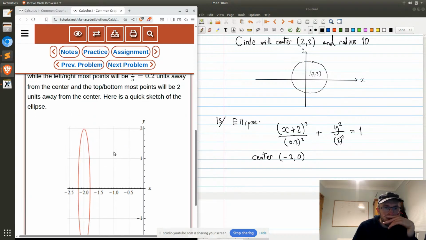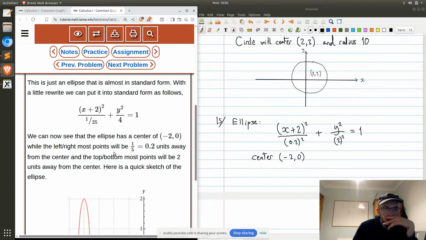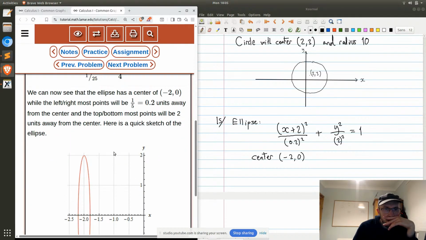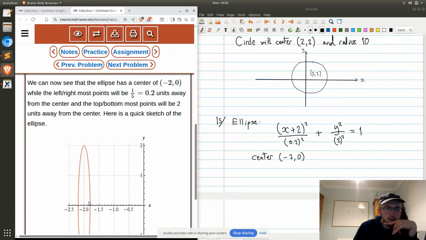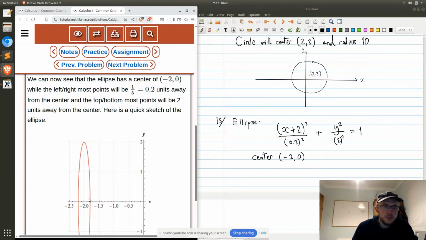It's tall. And how to think about that? Well, the denominator of the x coordinate is going to determine the x, isn't it? All right, that makes sense. I understand now.